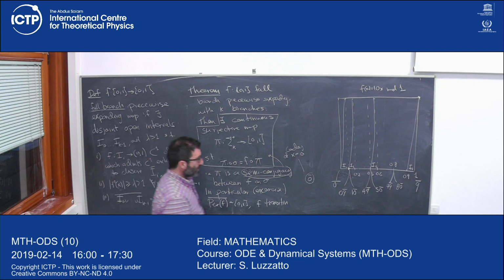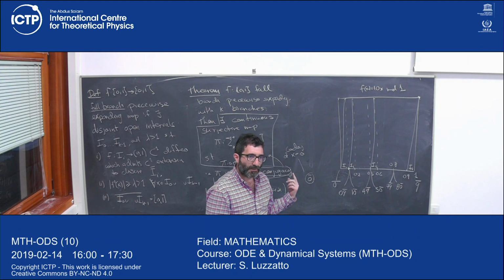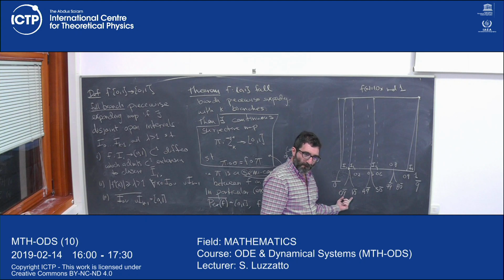And what are actually the decimal expansions of these points? These are the decimal expansions of these points. This is exactly the decimal expansion of these points. So these points have two decimal expansions. As you know, decimal expansion is not unique for some points. For which points is the decimal expansion not unique?